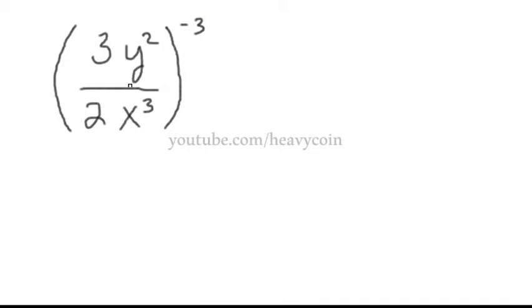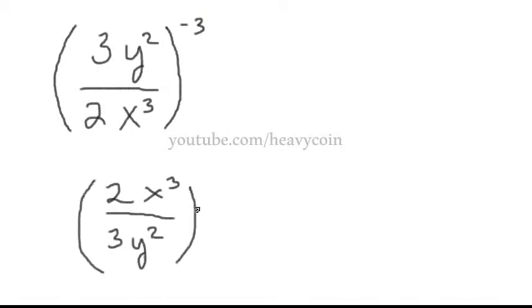If you've been following my work on some previous problems, you know that if we have a negative up here, we can flip whatever's inside, and we're going to do that. Right, instead of going through all the algebra to get there, let's just take the shortcut. Now I can write this with a positive exponent.